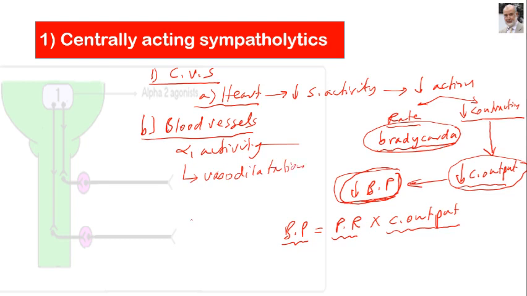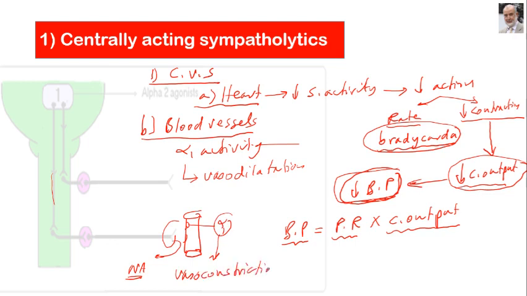Okay? Imagine this is the blood vessel, and this is the adrenergic nerve which supplies it. As we have said, the activity will come through the ganglia, ending at the adrenergic nerve terminal, releasing noradrenaline. Noradrenaline will act on the alpha-1 receptor, producing vasoconstriction. We have said that several times before.